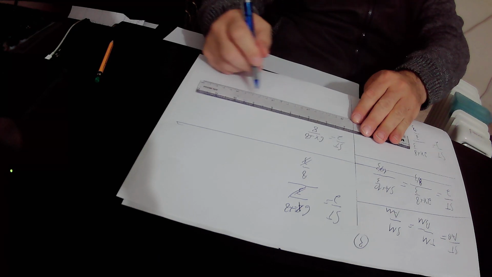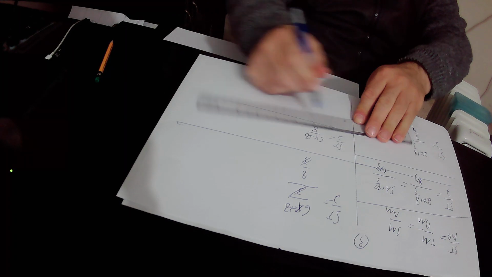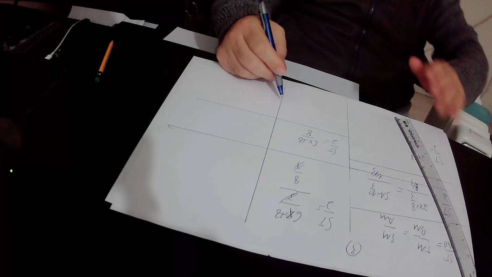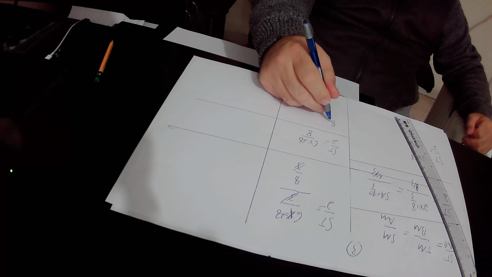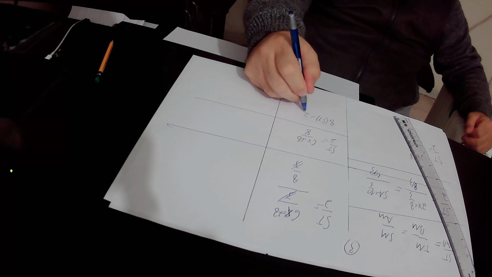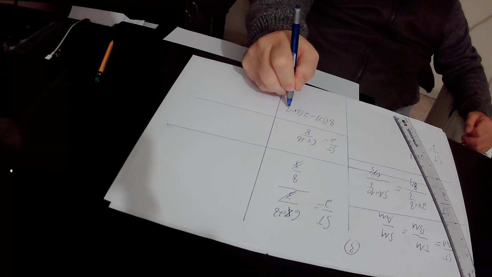So here we cross multiply this equation and we get that 8 times ST equals 2 times 6x plus 8.